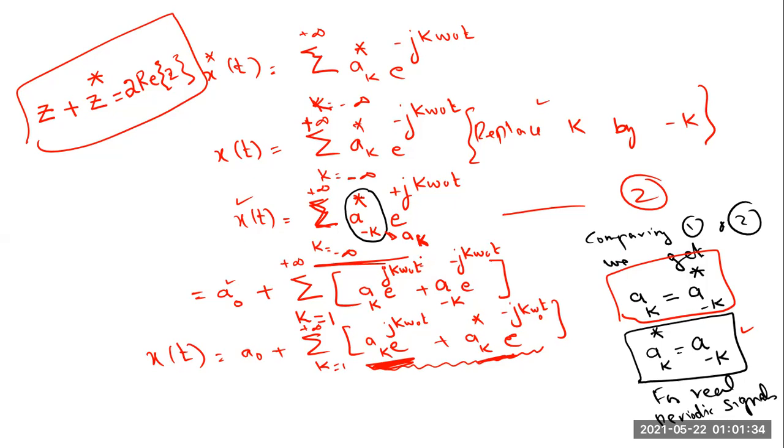So this is what I'm going to do. This number plus the complex conjugate of this thing can be replaced by 2 times the real part of ak e raised to power jk omega naught t, where k is from 1 to plus infinity.